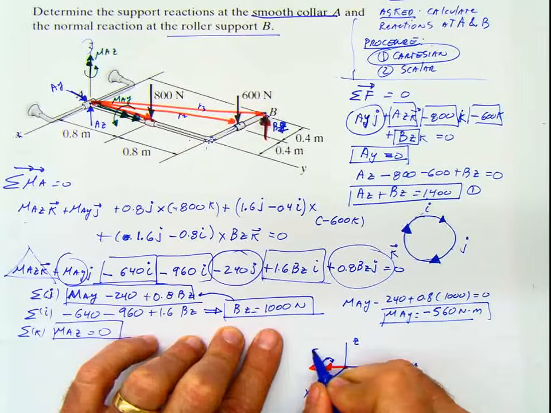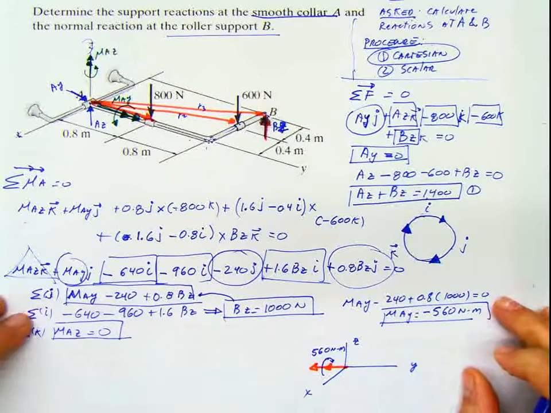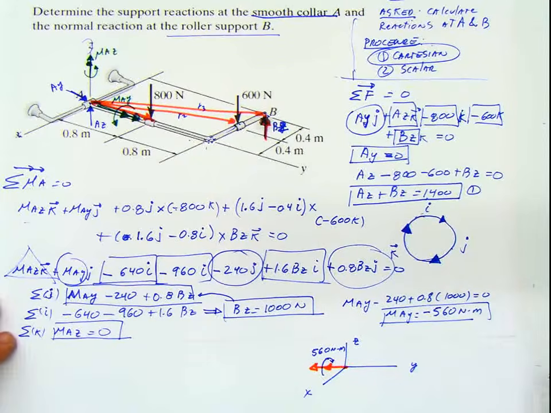And this is 560 Newton meter. That would be the only thing that you can add to that problem. So go again, review this problem again, go through it and try to understand what I did. This is the first procedure.